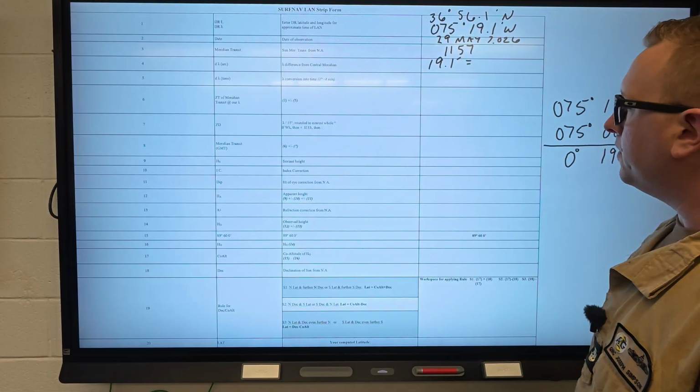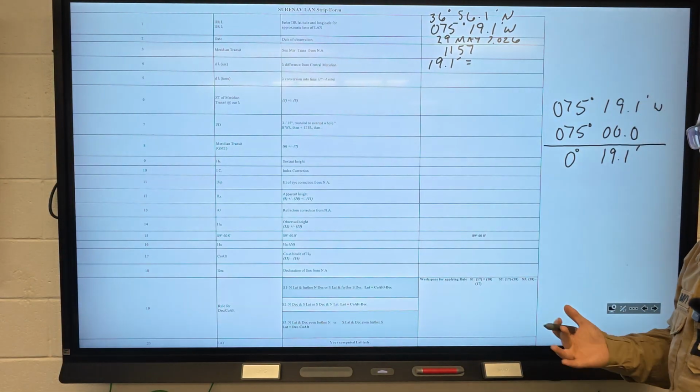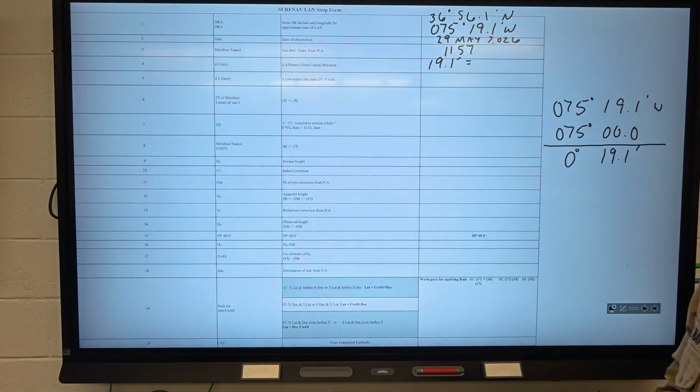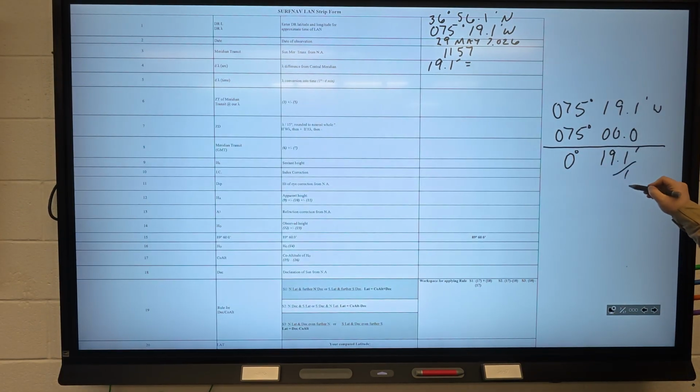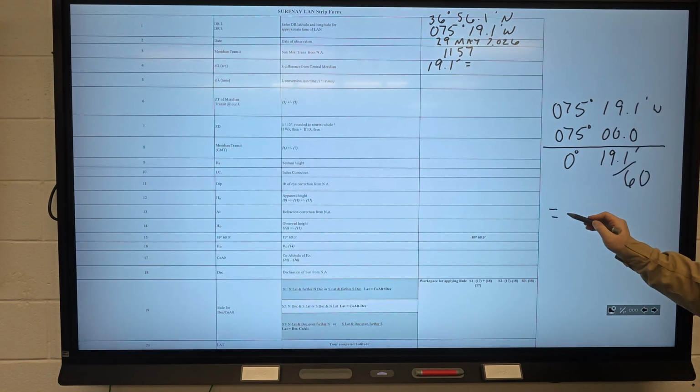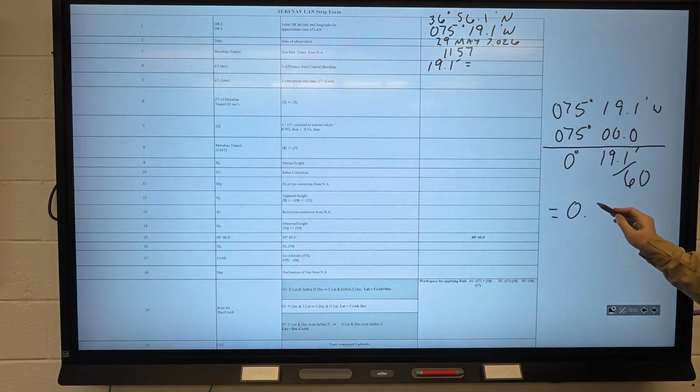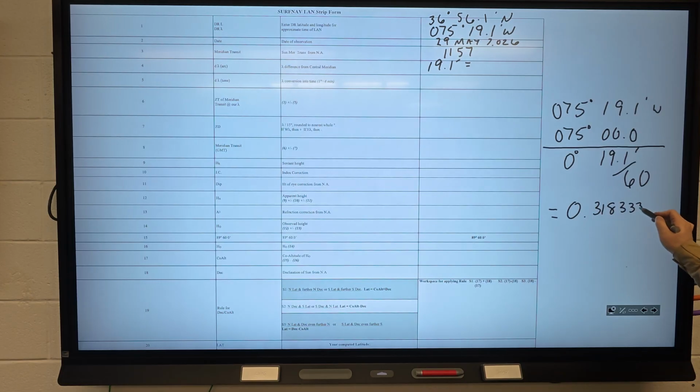I like to go ahead and convert that, because we have to convert that to a whole degree to find our time later. You take your difference and divide that by 60, and you end up getting 0.318 with running threes degrees.